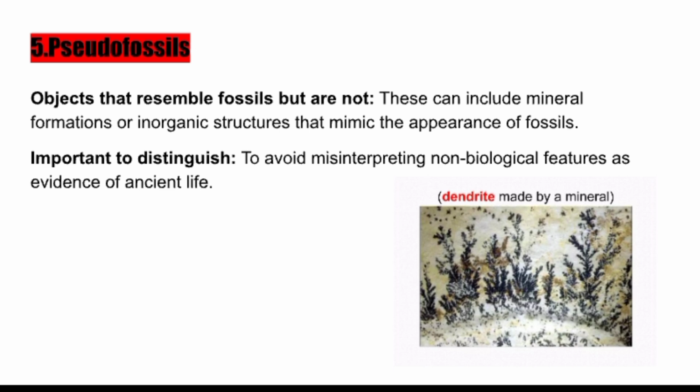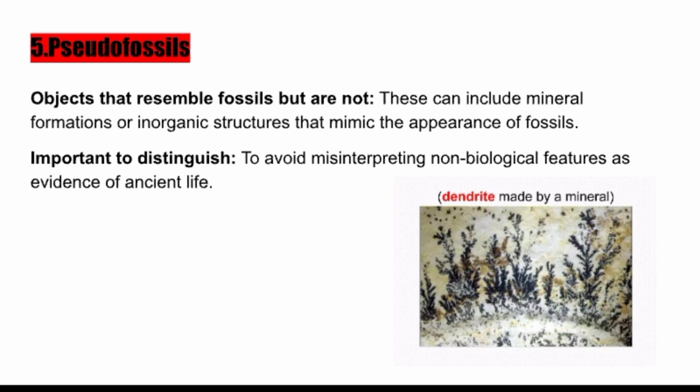Why do they look like living things? Because these fossils form due to the activity of minerals and due to erosion activities. So the pseudo fossils look like this. Here is an image that represents the structure of pseudo fossils. It is important to distinguish them to avoid misinterpreting non-biological features as evidence of ancient life.